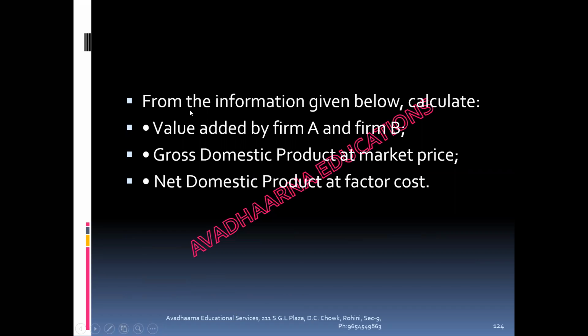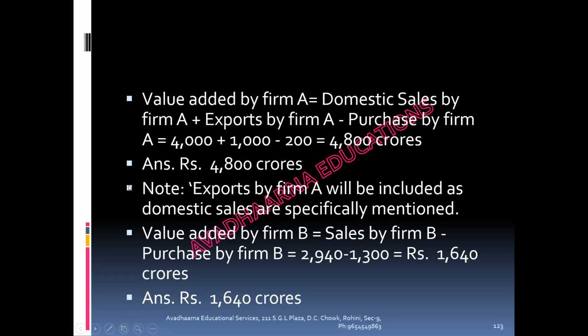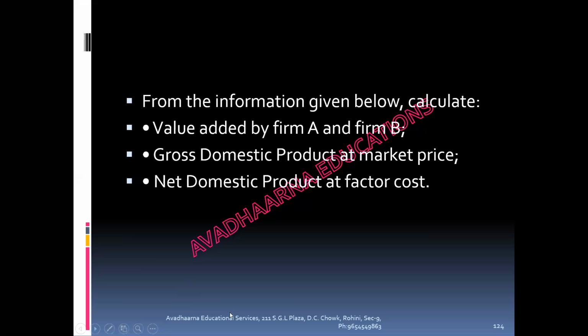From the information given below, calculate the value added by firm A and B. This we have already calculated. Gross domestic product at market price: if I add both value added by firm A, 4,800, and firm B, 1,640, we are going to get gross domestic product at market price.